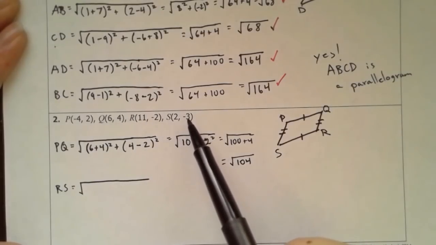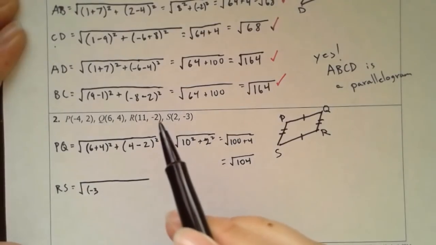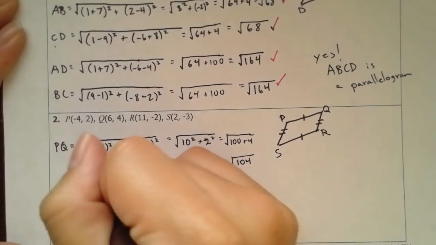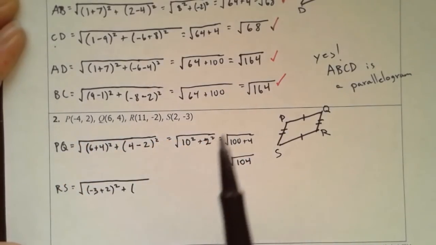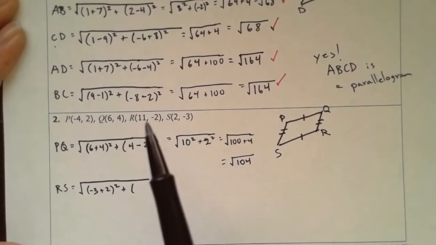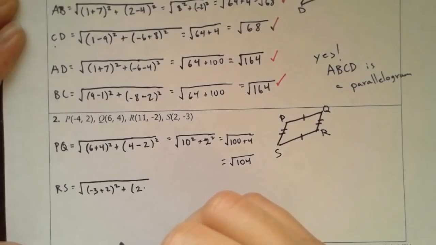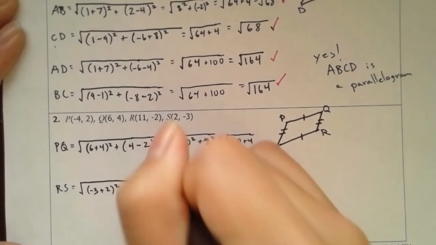So y2, negative 3 minus negative 2. So I already have a negative minus, so it becomes positive. Plus 2 squared plus 2 minus 11 squared.